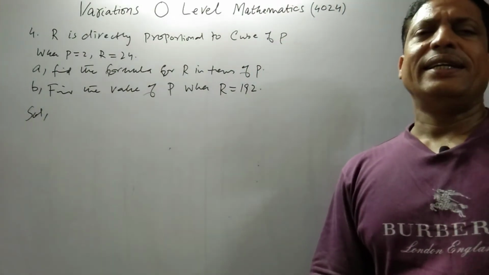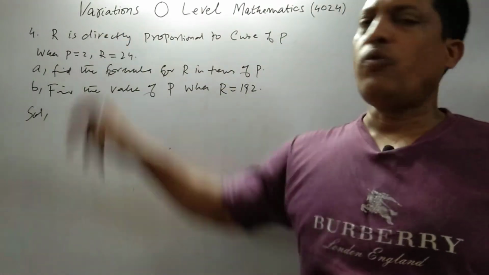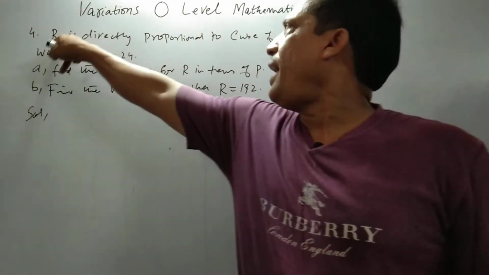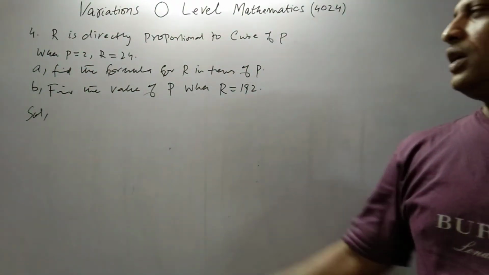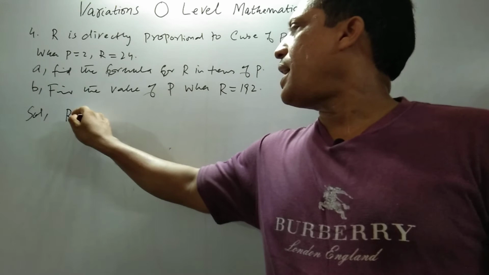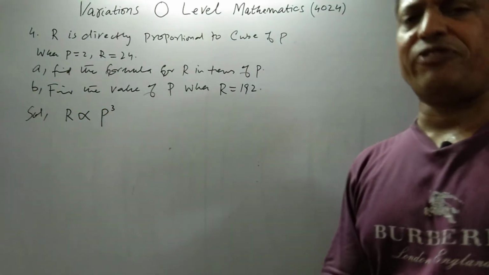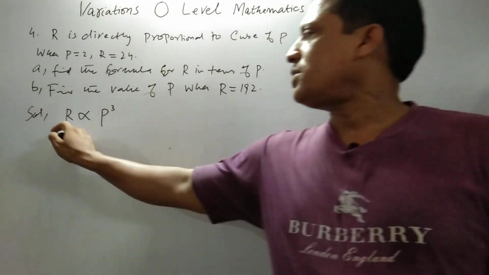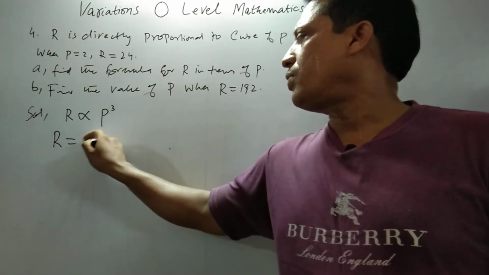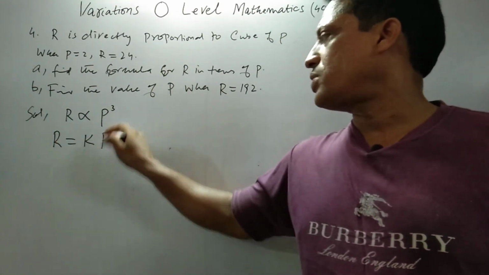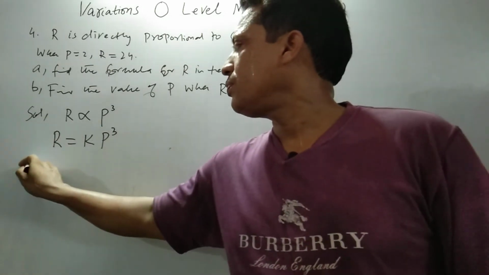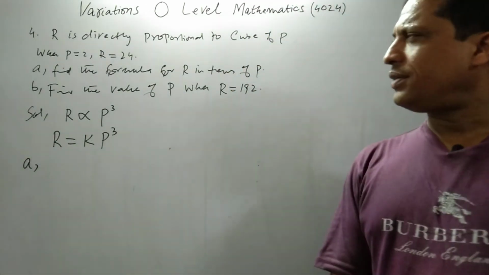What is the relation? Directly proportional. Which two quantities? R and cube of P. So R is directly proportional to cube of P. Cube means power 3. Next step is to write the constant of proportionality. Now, see first part.